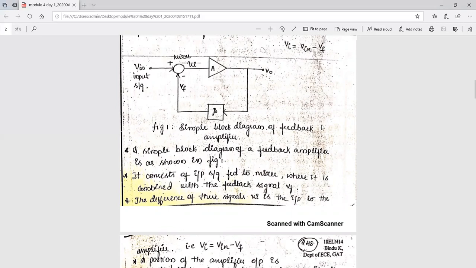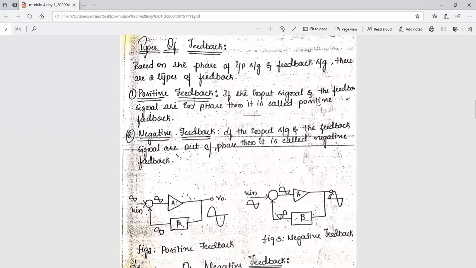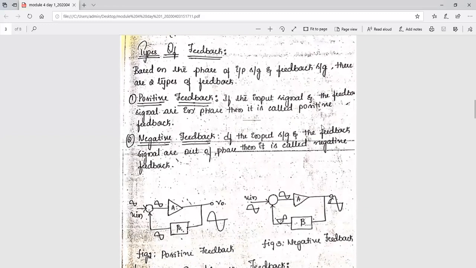Now moving ahead, there are two different types of feedback, that is positive feedback and negative feedback. This is decided on the basis of the phase of the input signal and the phase of the feedback signal.